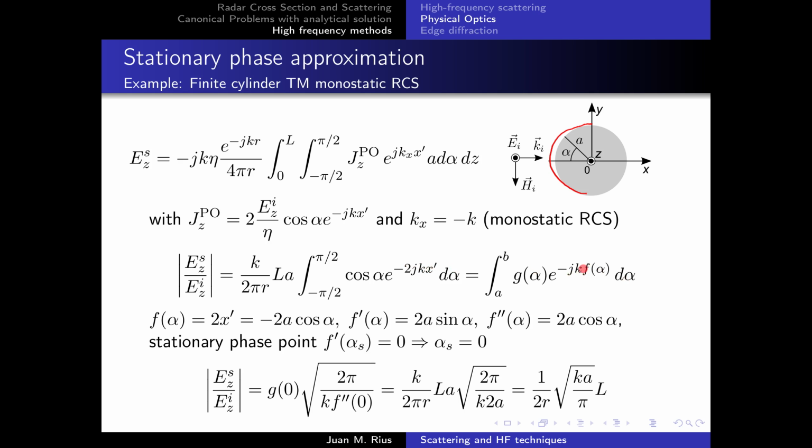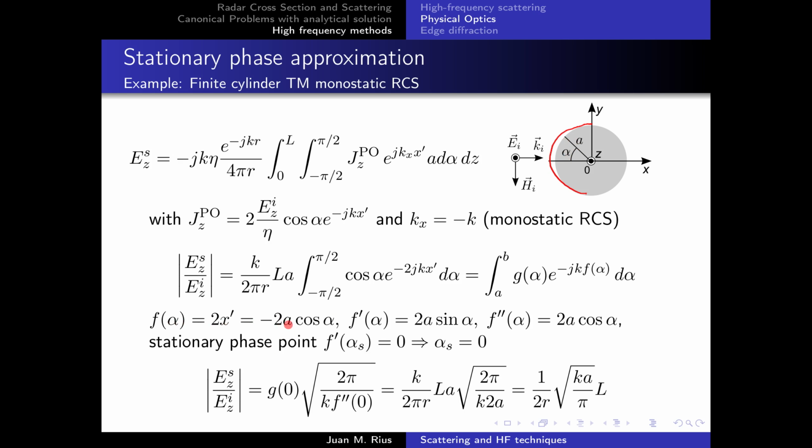So the phase function is k times 2x prime. x prime is clearly a, the radius of the cylinder, times cosine of alpha.